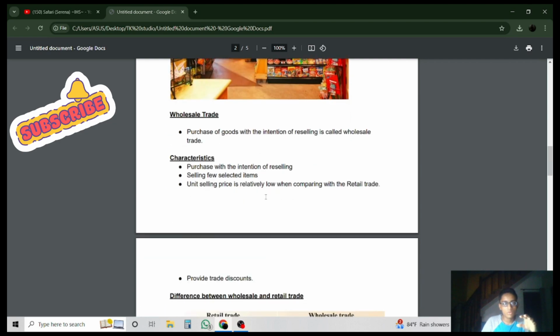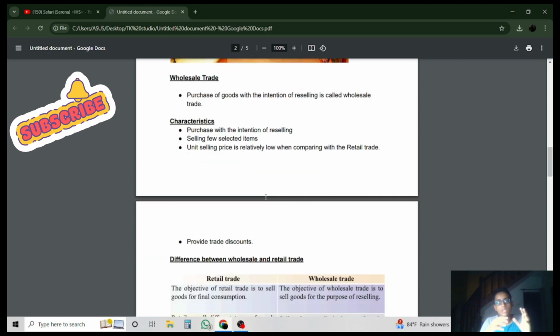Then we come to wholesale trade. Purchase of goods with the intention of reselling is called wholesale trade, right? That means you are buying something from a shop and you are going to sell it again to another one. When it comes to the characteristics of wholesale trade, first, purchase with the intention of reselling.